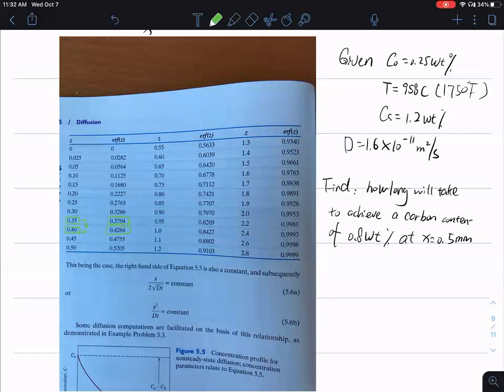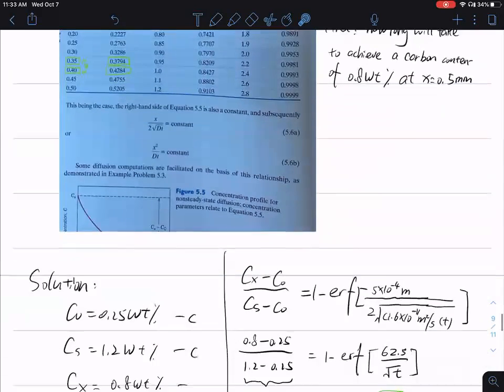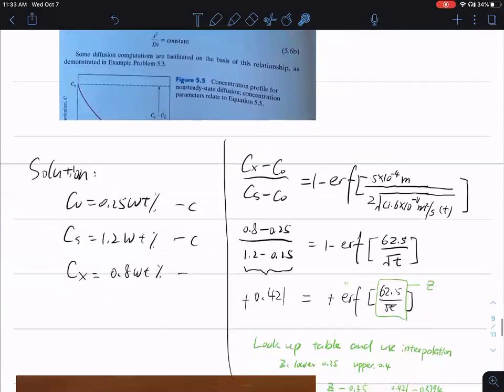Okay, the temperature would change this value. Under room temperature, this value is going to be way smaller than 1.6 times 10 to the negative 11th. If our diffusion coefficient becomes very small, let's look at how that changes our calculation.